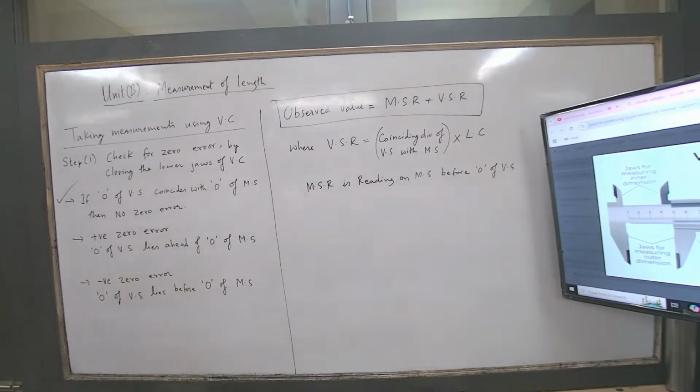Sir, diagram. The beginning of the scale is 0. This is 5. So after that, 1, 2, 3, 4 is matching with the main scale below. Okay? So fourth division of the vernier scale is matching. Write with a pencil, with a pencil. We'll spoil the diagram. Okay?